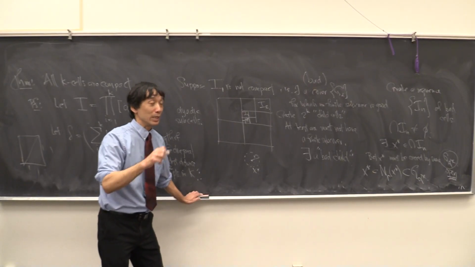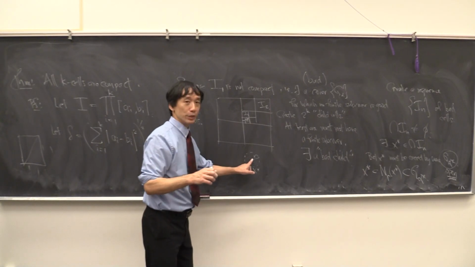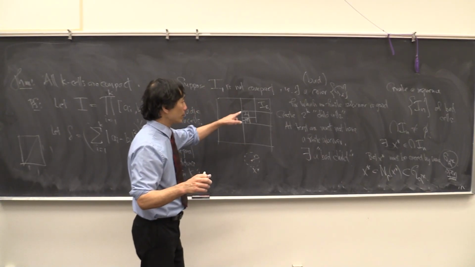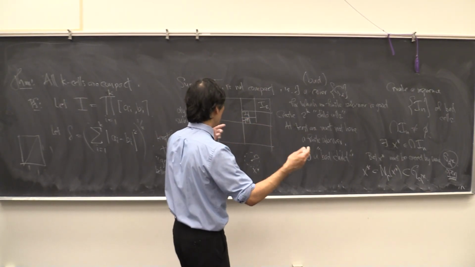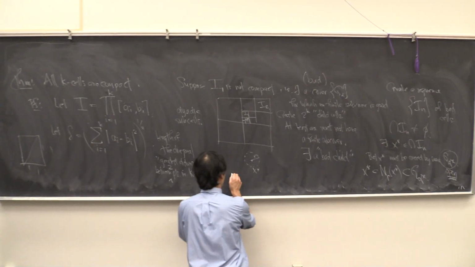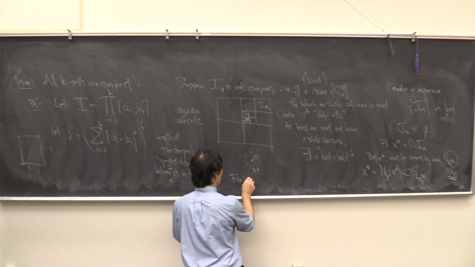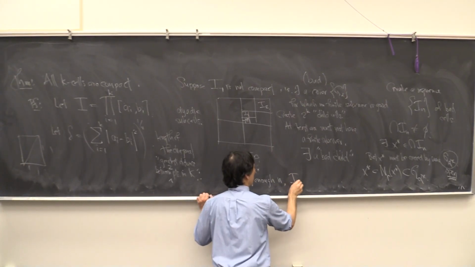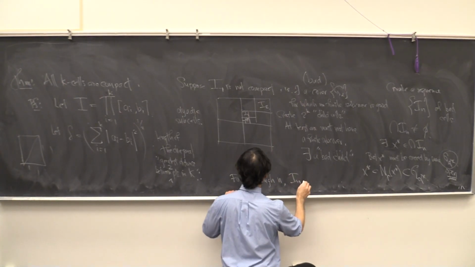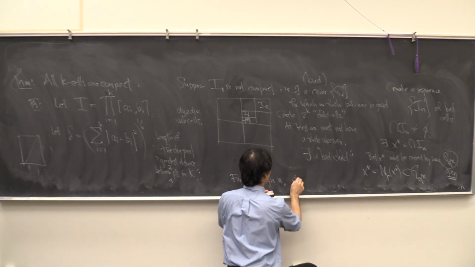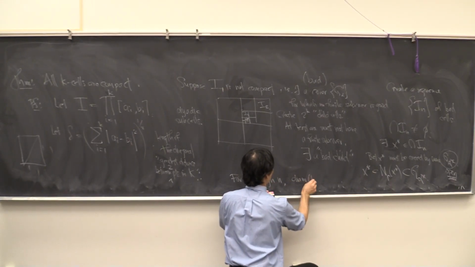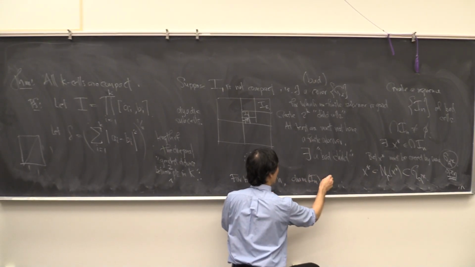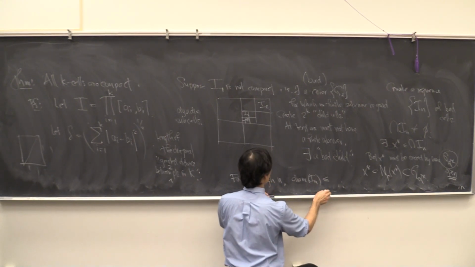Here's where the contradiction comes. Eventually, for big enough n, the diameter of I sub n is going to be smaller than r.